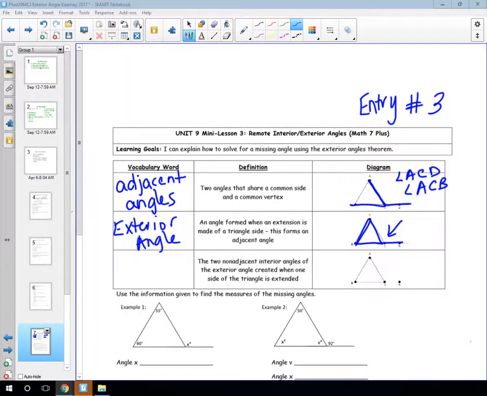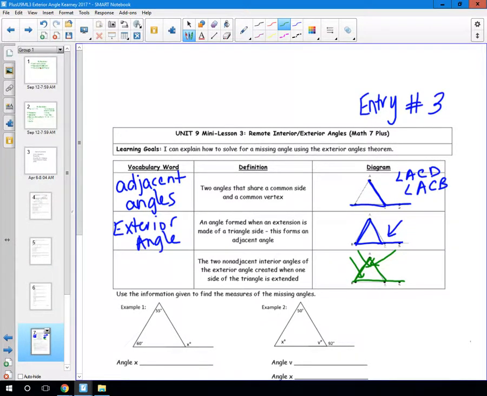Now, if you look at this picture, again, you notice that there are several angles that have been formed. We've got all the angles in the triangle, and we've got our exterior angle, and then we have these two angles inside that aren't adjacent to that exterior angle.